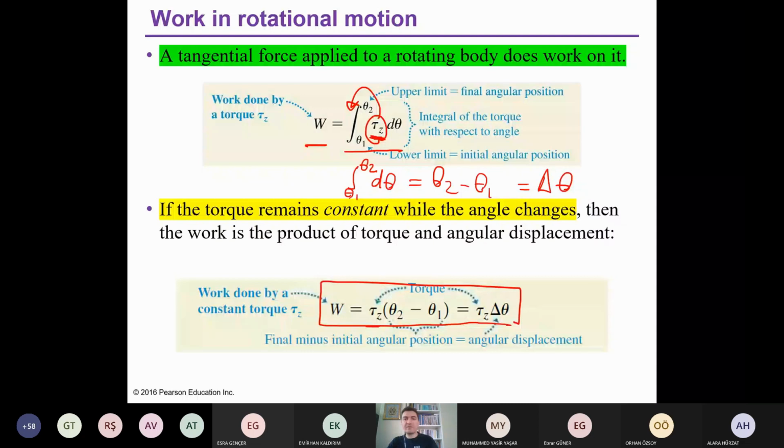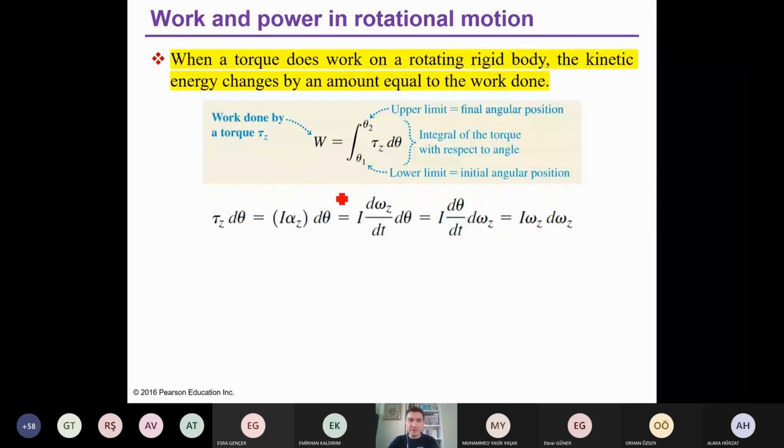And work depends on the torque times angular displacement. Here we have torque times d theta. In the previous lecture we learned that the torque is given by I times alpha z. I is moment of inertia, alpha z is the angular acceleration. So what is this alpha z? Angular acceleration is given with this expression, the time derivative of angular velocity.